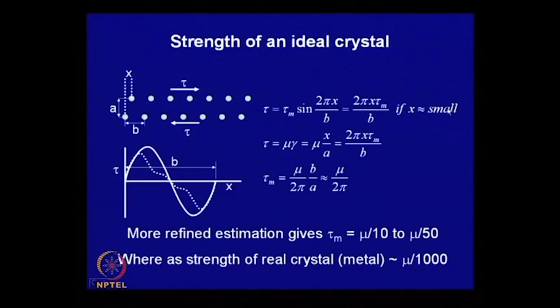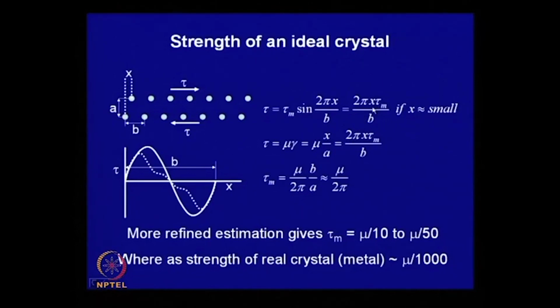So, if x is small, we can approximate tau like this, and you can also calculate tau from the shear modulus. If gamma is the shear strain, x over a, where a is the lattice spacing, then tau equals mu times x over a.